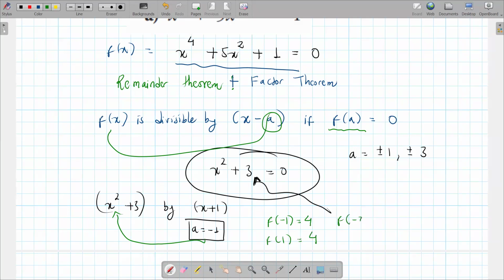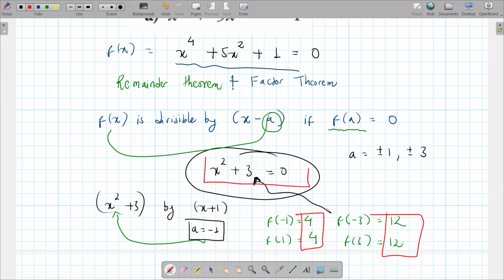F of -3 would be 9 plus 3, 12. F of +3 would be the exact same thing, 12. So notice how none of these gave us a 0. What that means is that you cannot factor this function. To be able to factor it, you must get a 0 from one of the a values.